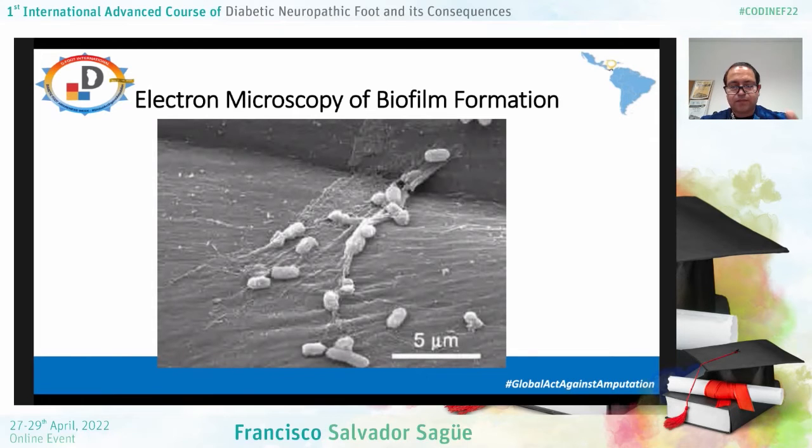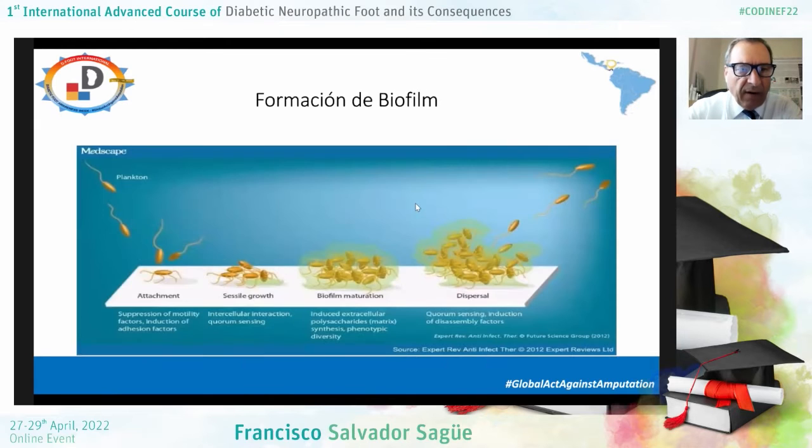Lo que quiero decir es que esto le permite sobrevivir a condiciones adversas. In not good situations, this microorganism can live by this reason, by the matrix of the biofilm that it promotes.